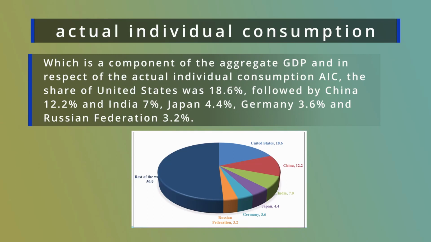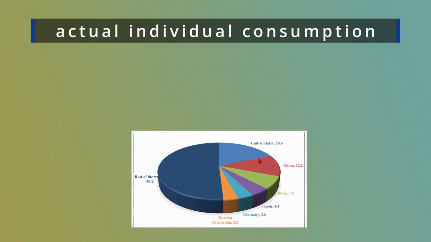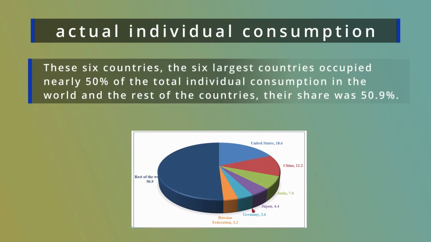In respect of the actual individual consumption, AIC, the share of United States was 18.6%, followed by China 12.2%, India 7%, Japan 4.4%, Germany 3.6%, and Russian Federation 3.2%. These 6 largest countries occupied nearly 50% of the total individual consumption in the world, and the rest of the countries, their share was 50.9%.